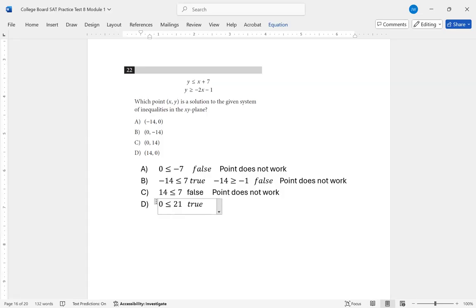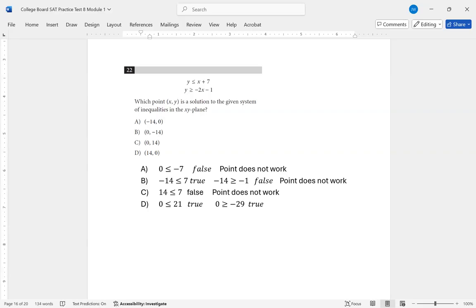And then if I do that for the second inequality, what we get is 0 greater than or equal to negative 2 multiplied times 14 minus 1. That's negative 28 minus 1, or negative 29 on the right-hand side. And that's also true.